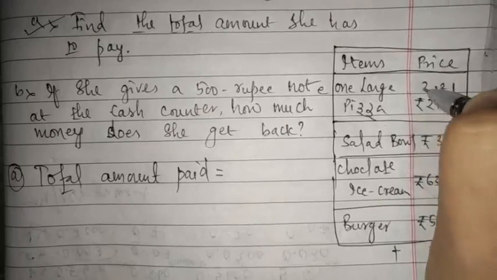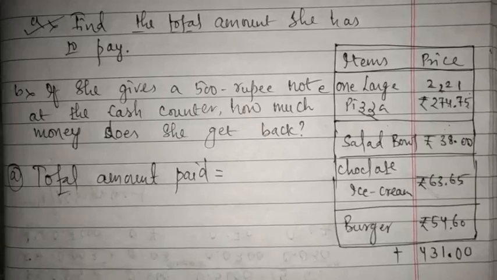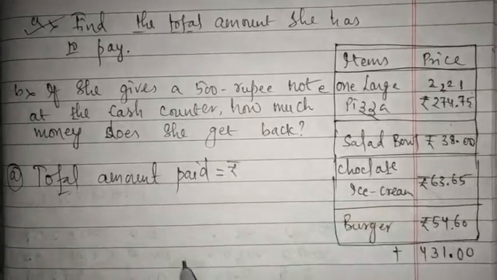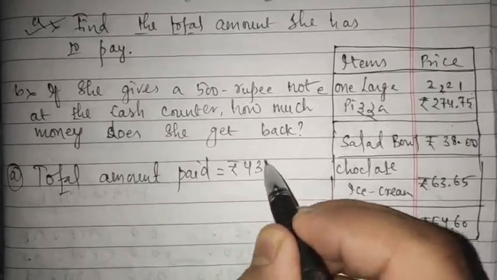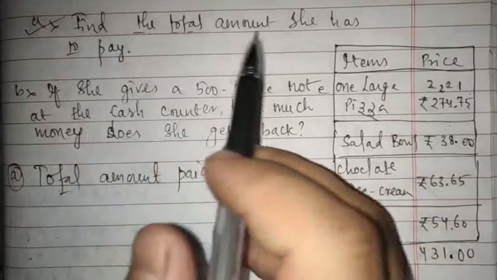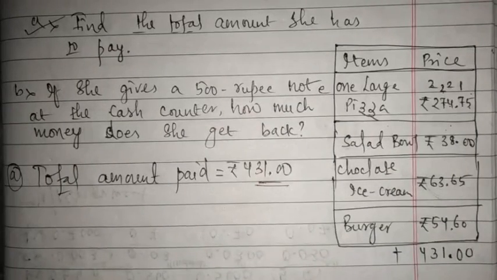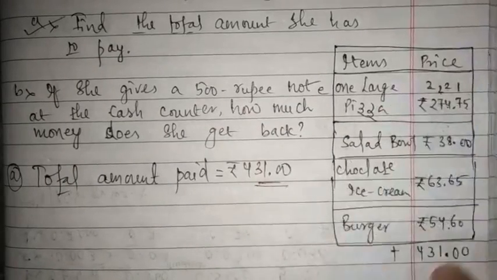So 2 in hand again, 2 plus 2 is 4. So how much do they have to pay? They have to pay rupees 431. So total amount paid is equal to rupees 431 after ordering all this.